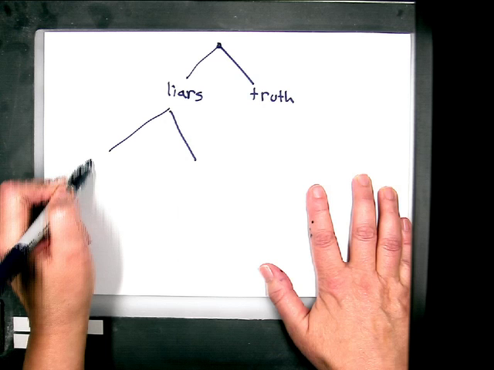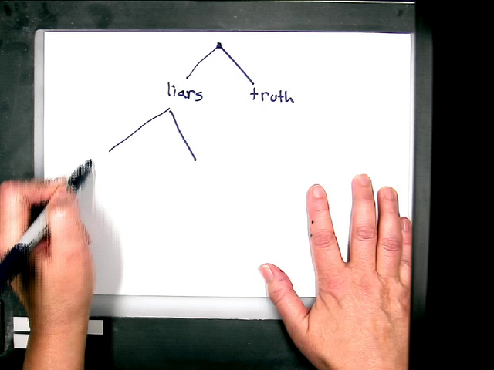The liars are only 1/4 of our population. 3/4 are truth tellers. Liars are going to fail the test 7/8 of the time and pass it 1/8 of the time. The truth tellers are going to fail 1/8 of the time and pass 7/8 of the time.